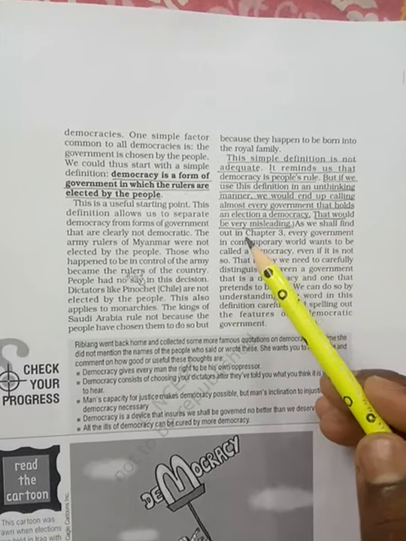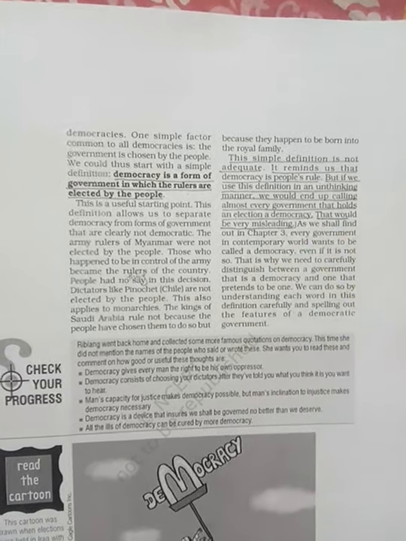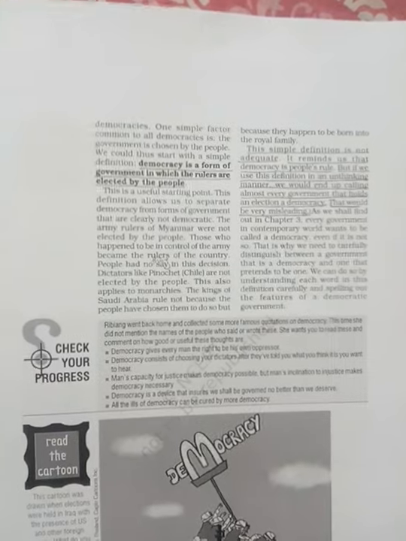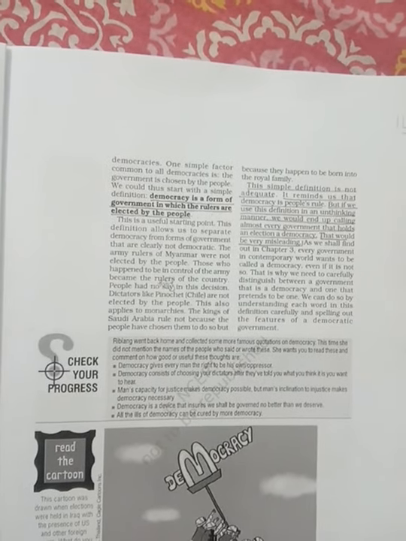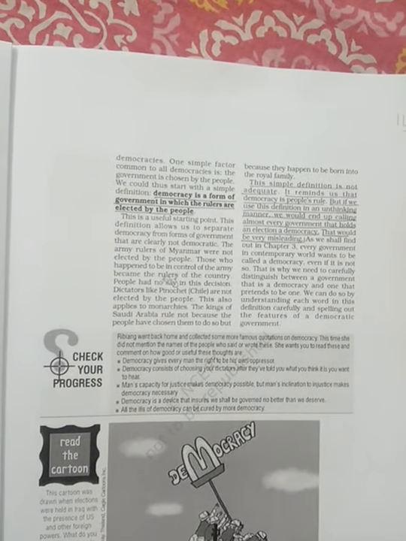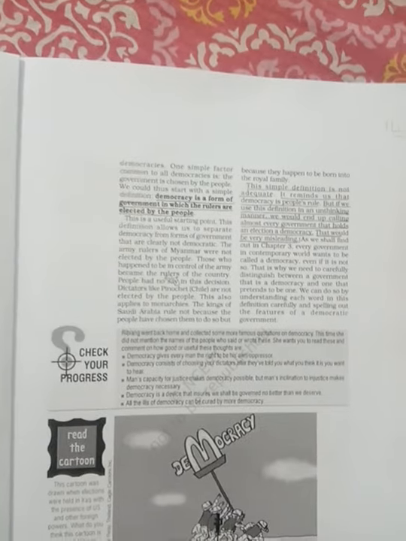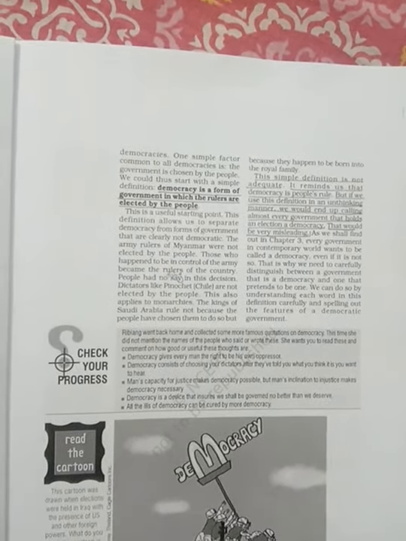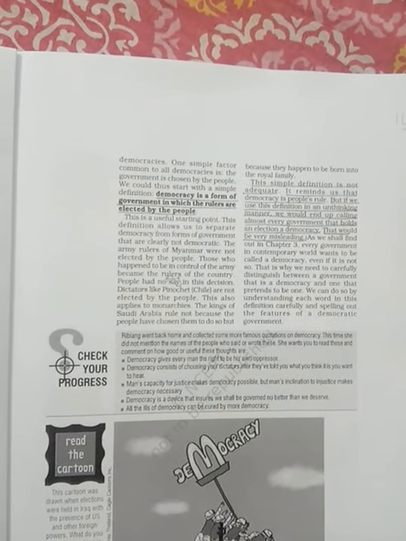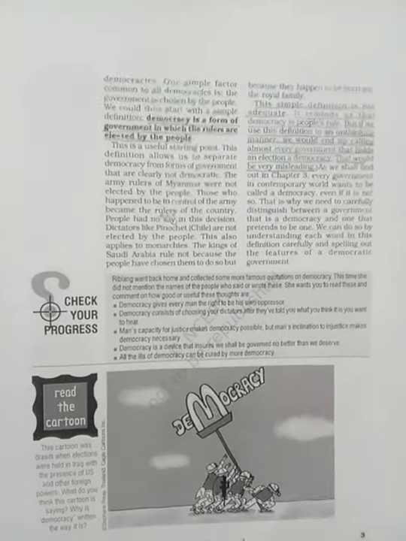That would be very misleading. If we consider this definition as sufficient, we will be misled, because it is not enough to say that democracy is a form of government in which the rulers are elected by the people.